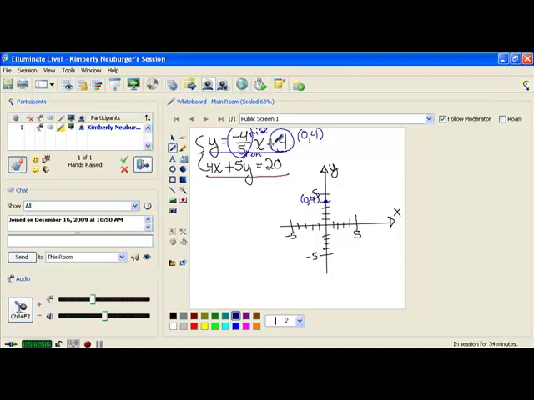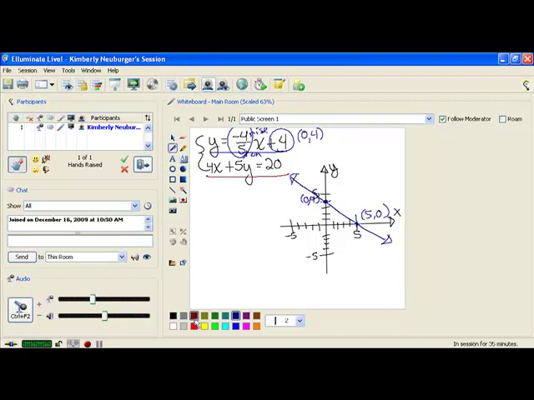And our run is 5, so we're going to go forward 5. So starting here, we're going to go down 1, 2, 3, 4, and then forward 1, 2, 3, 4, 5. And we get a point right there. And that point happens to be the point 5, 0. Now we can actually just go ahead and connect those. And we have our line.